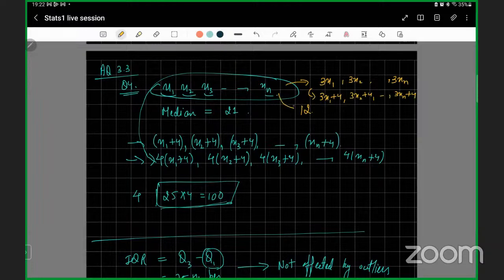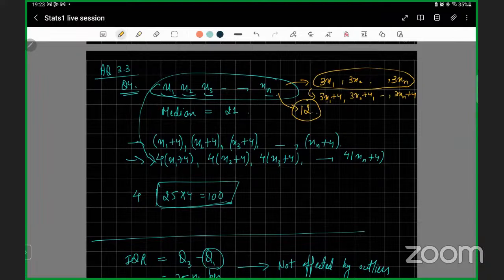In this case, the median was 12, right? And how do you actually find the median? You arrange it and you look for the middle value. Even if you multiply this whole data set by 3, again the middle value is going to be the same, just scaled by a factor of 3.